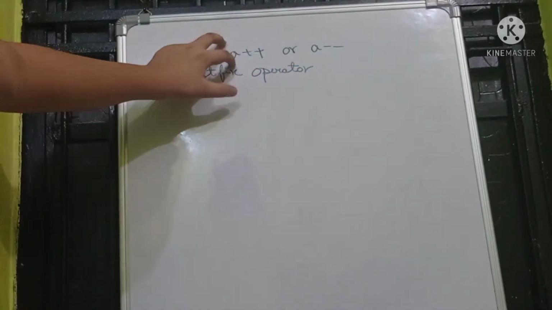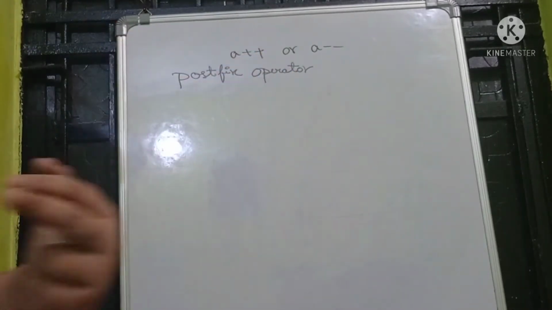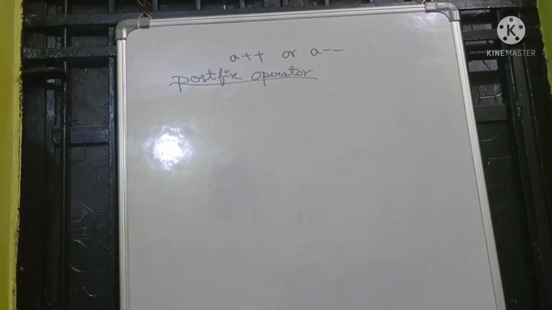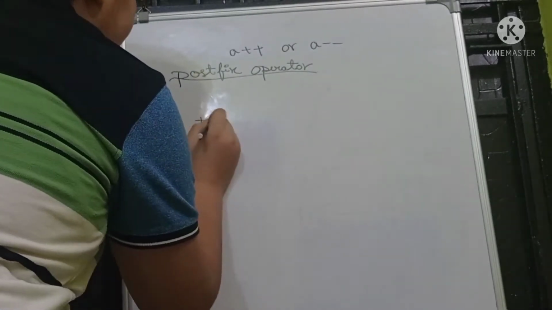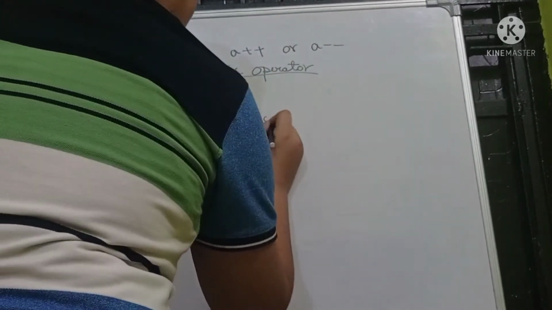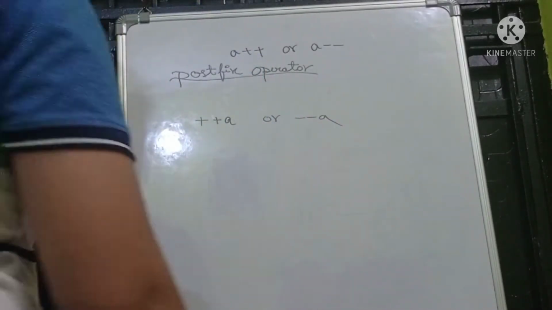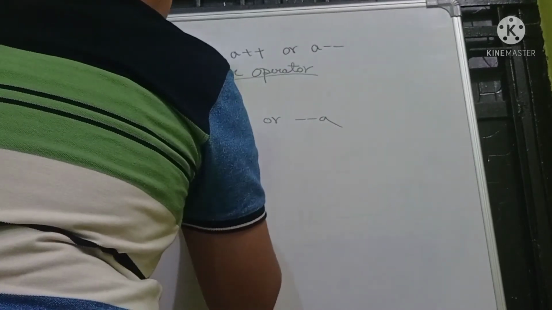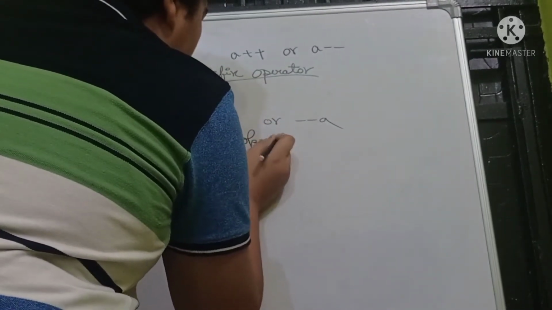When a variable is given and after that a plus plus sign or minus minus sign is given, then we call it a postfix operator. And when plus plus a or minus minus a is given, we call it a prefix operator.